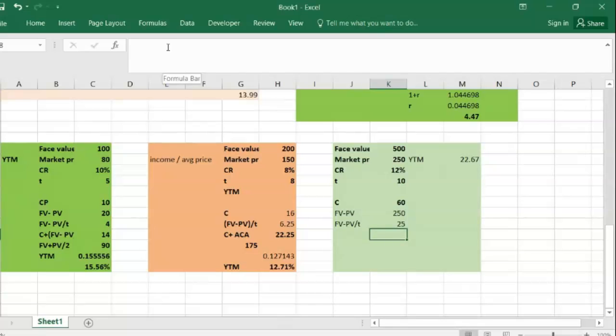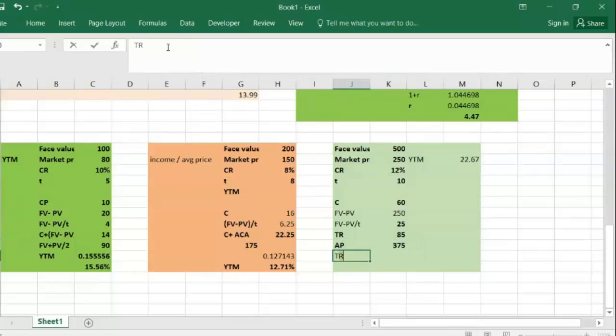So you can add both the returns together, current return plus capital appreciation. The current return of 60 rupees plus capital appreciation of 25 rupees gives a total return of 85 rupees. The average price is calculated on face value: 500 rupees plus the market price of 250, divided by 2. 375 is the average price.